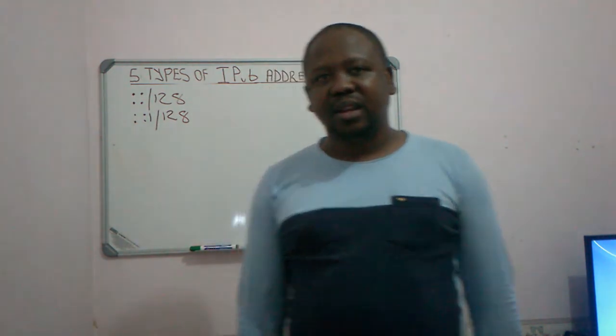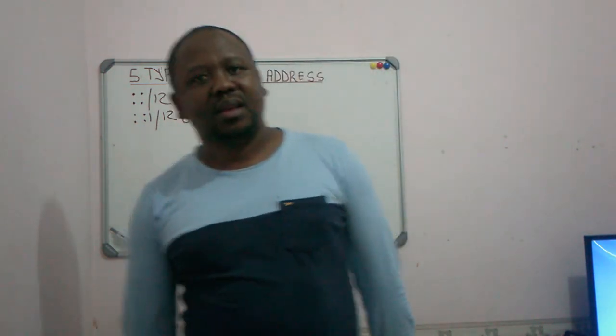First is the global IPv6 address. The global IPv6 address is the one I said is used to connect us to other networks or to the internet. As I've said before, it's similar to a public IP address in IPv4, but the difference is that every device on IPv6 gets a global address.